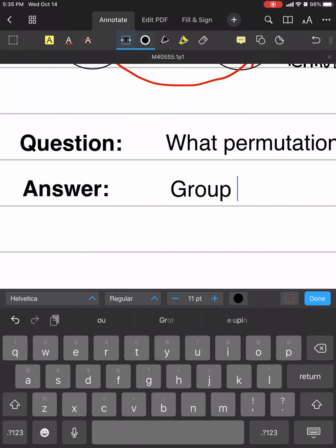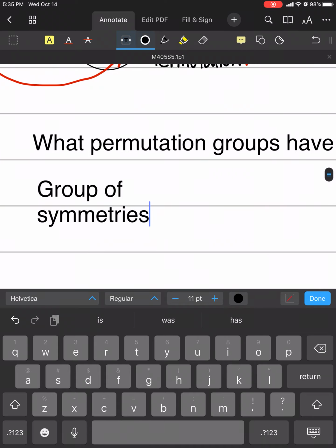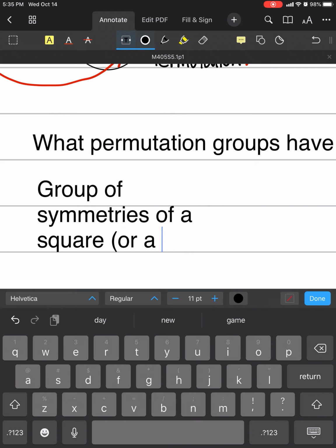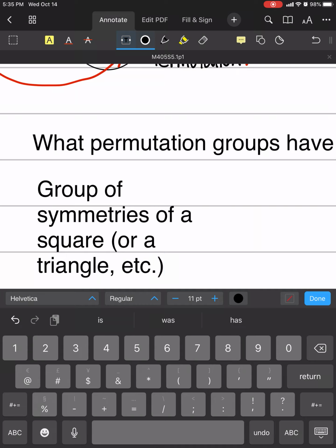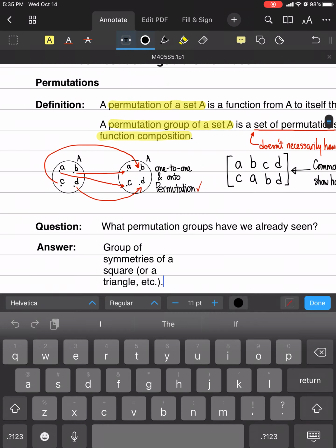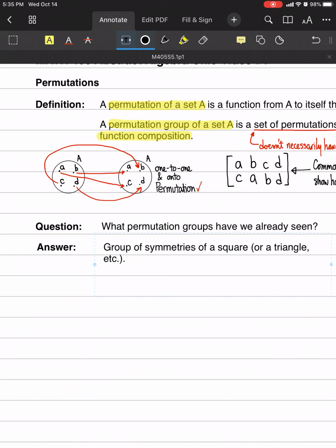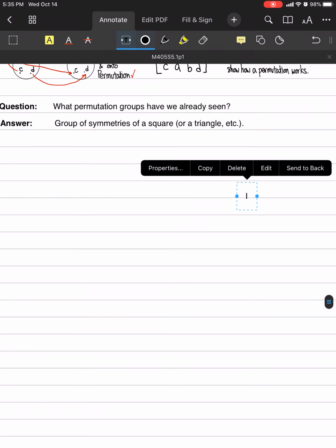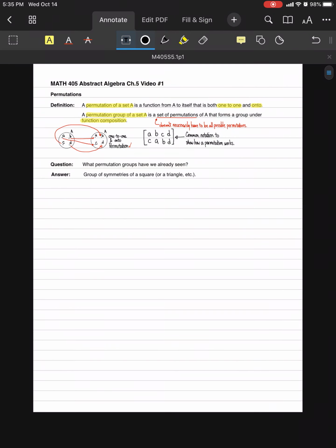The group of symmetries of a square or a triangle, etc. So that is an example of a permutation group. That's an example of a permutation group we've already seen.